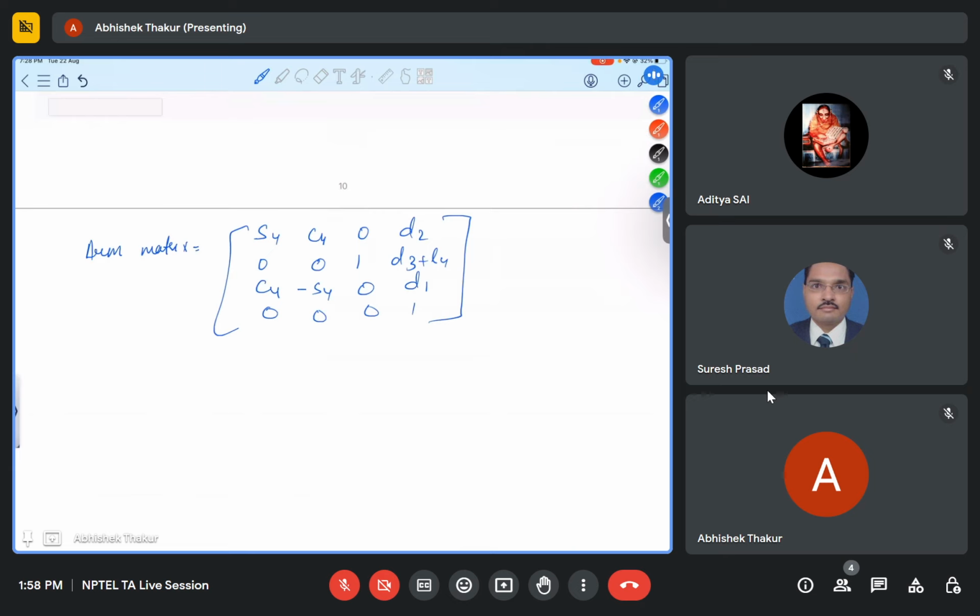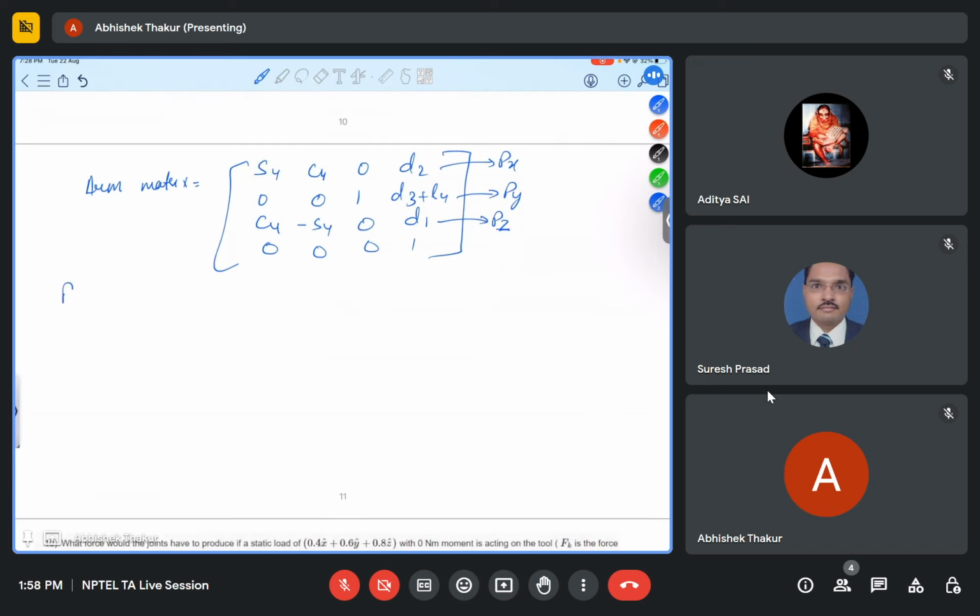This will be the arm matrix. From here we can see this is our position in X, Y, and Z. So Px is equal to D2, Py is equal to D3 plus L4, and Pz is equal to D1.